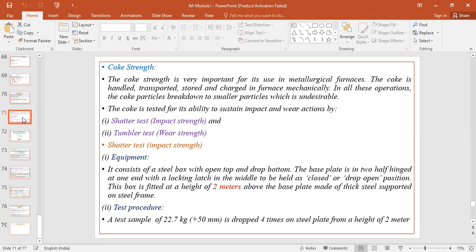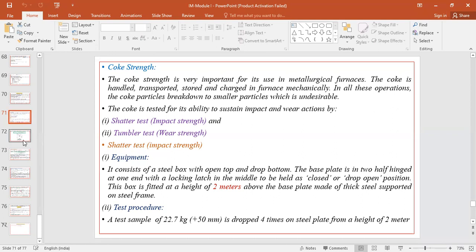This test consists of a steel box, open top and drop bottom, with a base plate, one with a locking latch, and in the middle to be held in a closed or drop-open position. This box is fitted at a height of 2 meters above the base plate, made of a thick sheet.